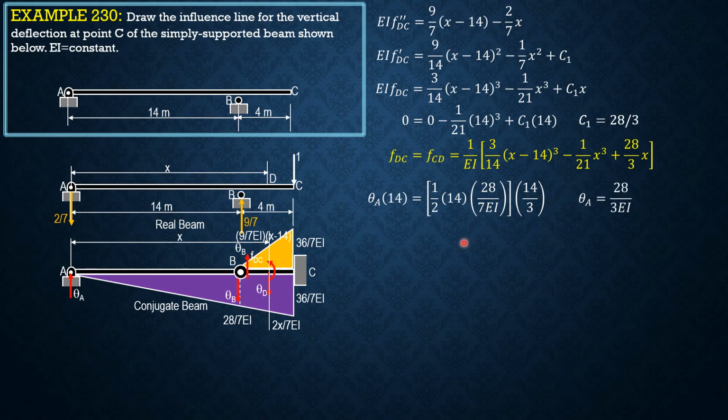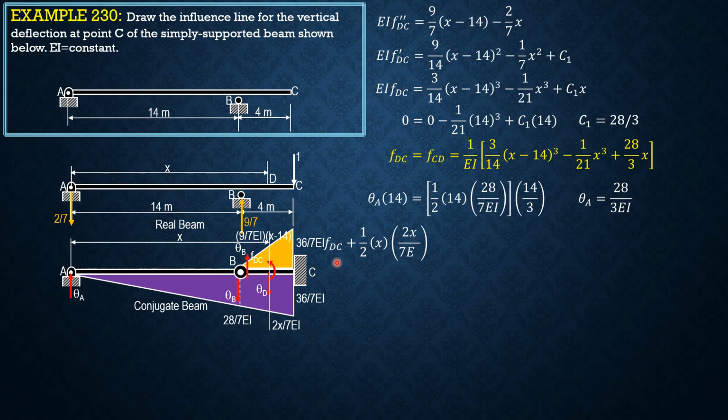So that is the same as the double integration method, because C sub 1 divided by EI is the slope at A. It's the same as this. So at this section, we do not mind theta B because it is in equilibrium by itself. So summation of moment about D equals 0, counterclockwise positive.